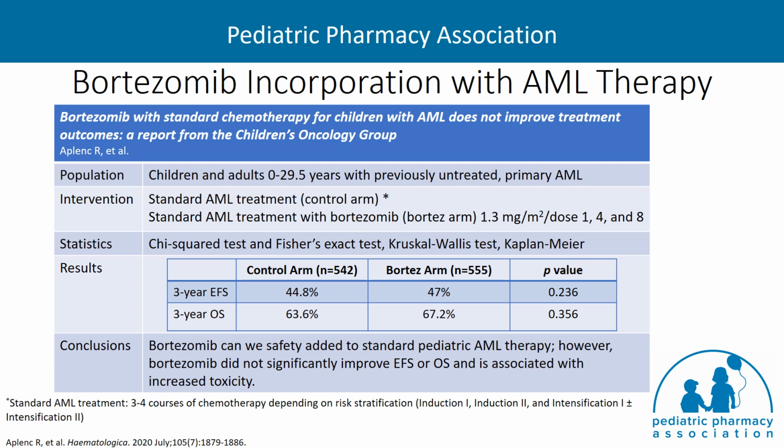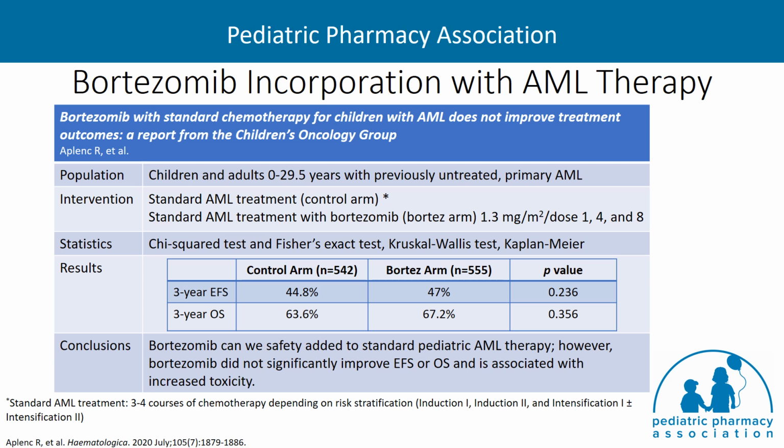Overall, they were globally looking to evaluate if bortezomib incorporated into each cycle of chemotherapy would improve outcomes. And this was evaluated after bortezomib initially showed some promising preliminary data about having some efficacy in AML.